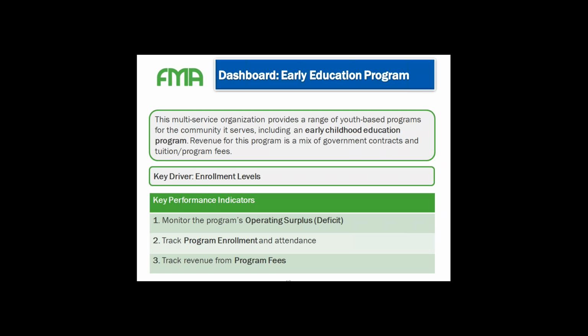We're going to monitor the surplus or deficit of that program. We're going to track enrollment and attendance, and we're going to track the resulting revenue from these. And tracking revenue from program fees is a way of knowing, are we collecting the right amount because of the right enrollment, or do we have the enrollment but we're not collecting on the fees themselves? So we want to see the drivers that are going to give us those, so that we can have action plans as we look at results.